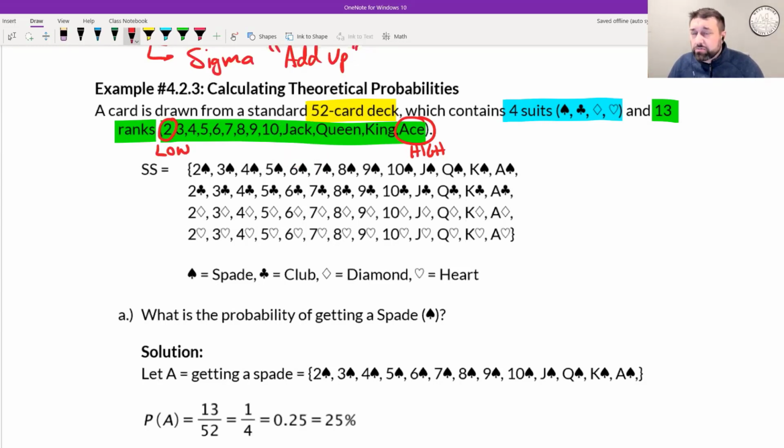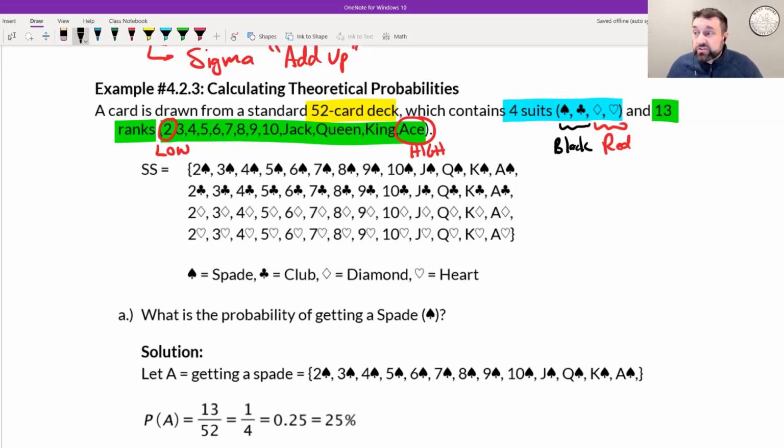There are also some sub-organizations going on in these cards as well. If you take a look at the 4 suits, the diamonds and the hearts are red cards, while the spades and the clubs are black cards. So even though you have 4 suits, they're actually sub-organized into red and black, okay?